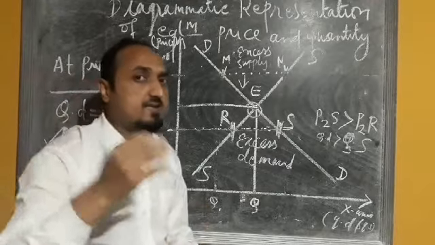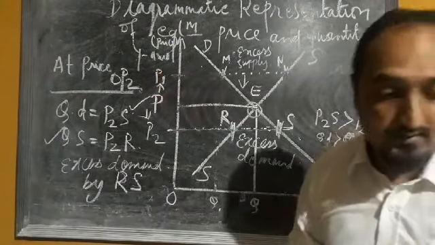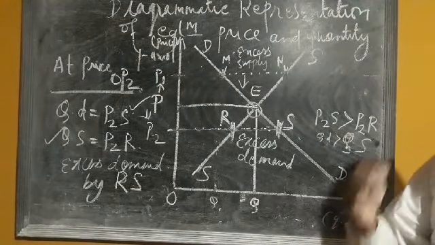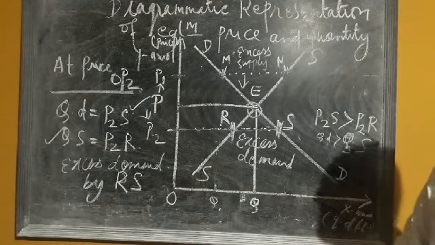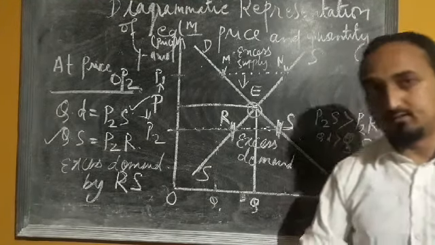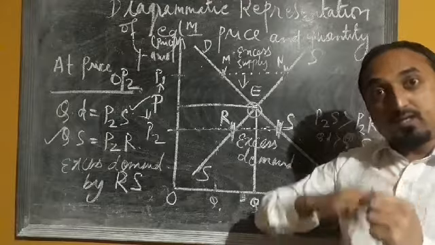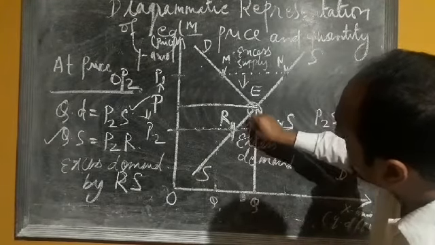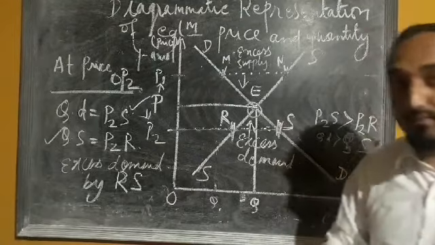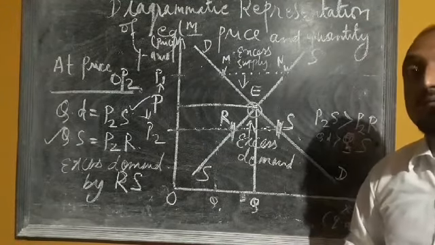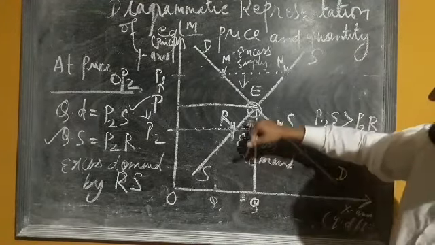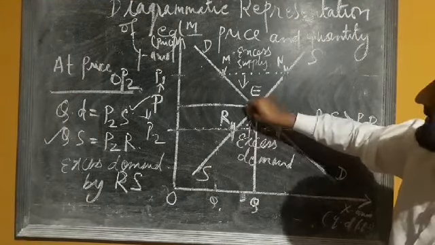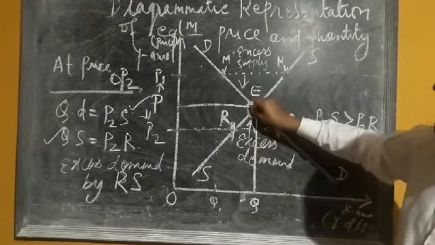Now when there is excess demand for a commodity in the market, then obviously what will happen? The price will increase, and slowly the price will keep increasing, because there is a situation of excess demand, and finally it will reach the equilibrium, that is at point E.